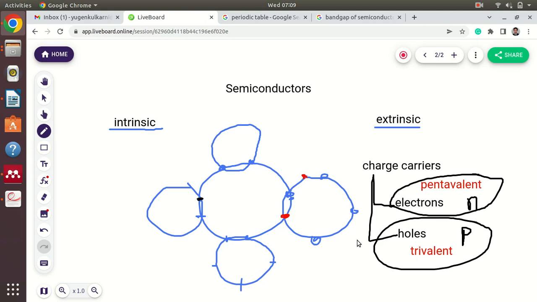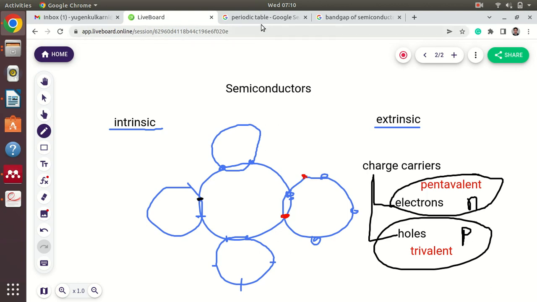So by doping, we can change the concentration and the conductivity of the material, because we have added free charge carriers, either electrons or holes, depending on which element you add. The base atom is mostly silicon or germanium, and in that you dope trivalent or pentavalent impurities.